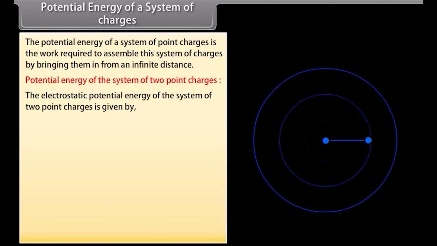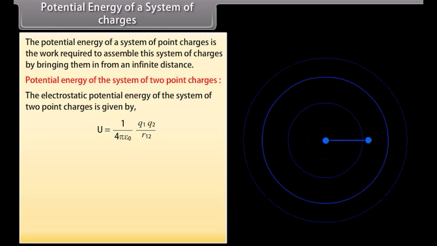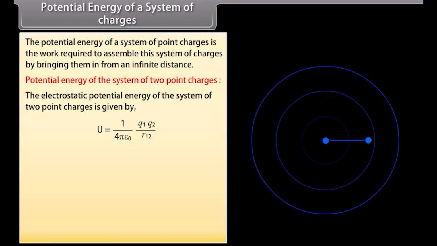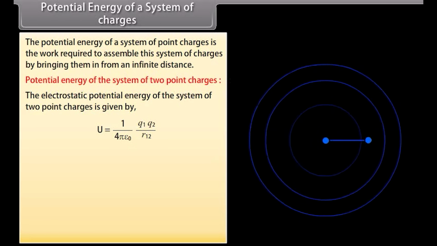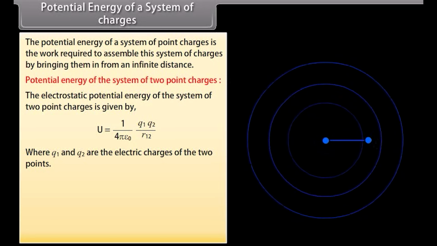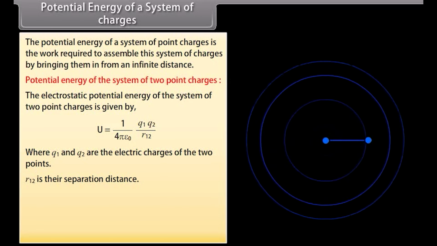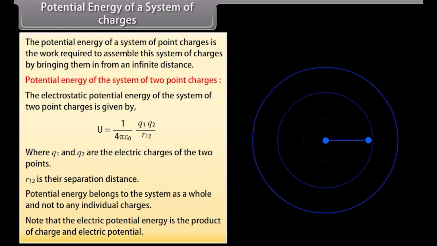The electrostatic potential energy of the system of two point charges is given by U as 1 upon 4 pi epsilon naught multiplied by Q1 Q2 upon R12, where Q1 and Q2 are the electric charges of the two points, and R12 is their separation distance. Potential energy belongs to the system as a whole and not to any individual charge. Note that the electric potential energy is the product of charge and electric potential.